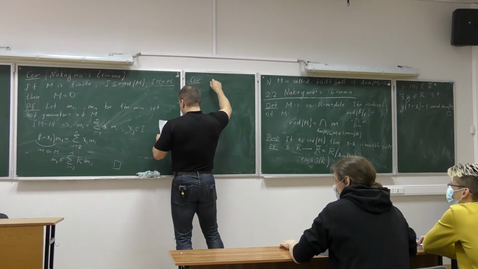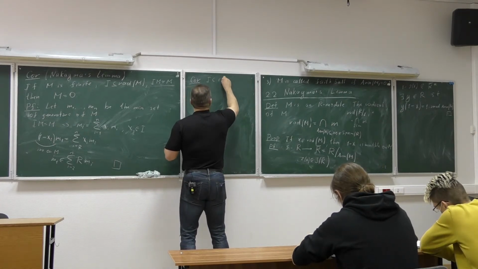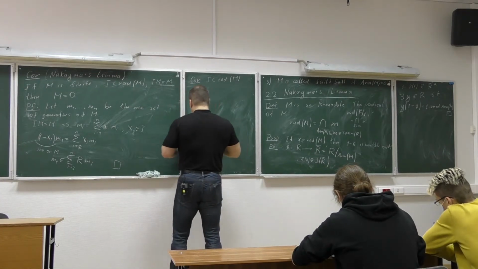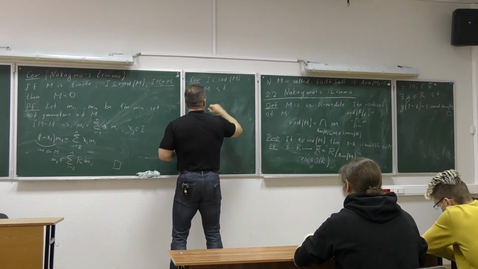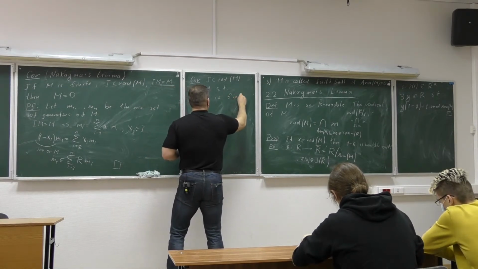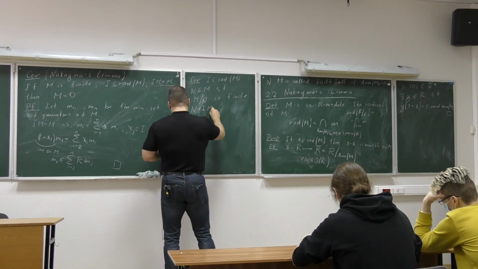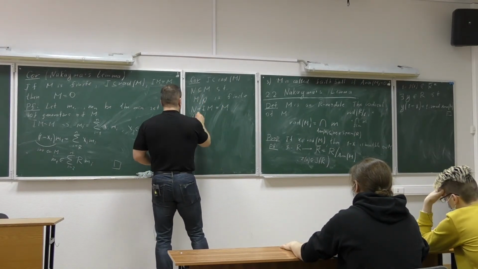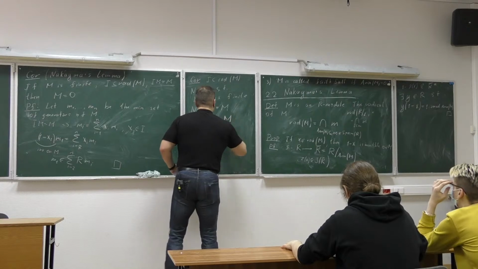So I continue to assume that the ideal I is in the radical of the module M. Now N is a submodule such that the quotient is finite, and I assume that N plus IM is equal to M. So then N is equal to M.